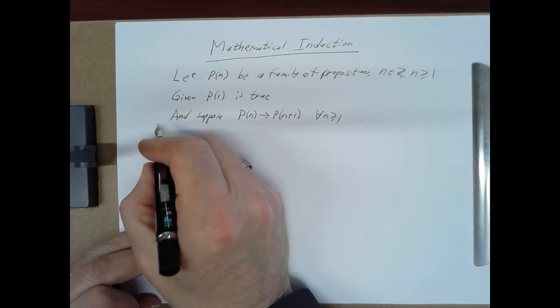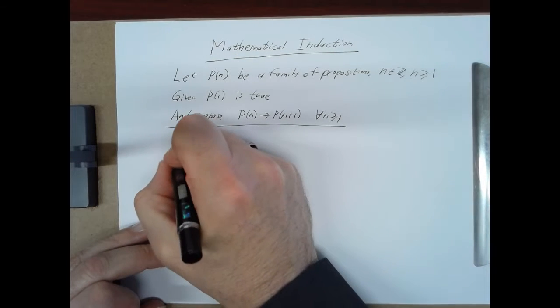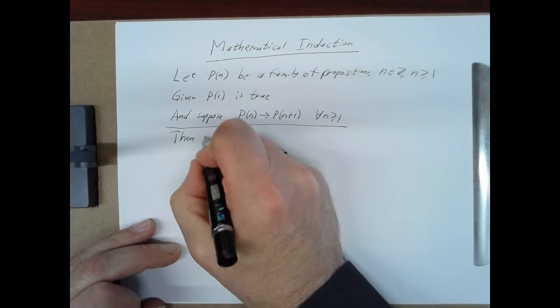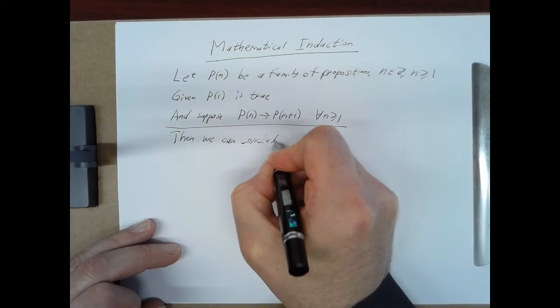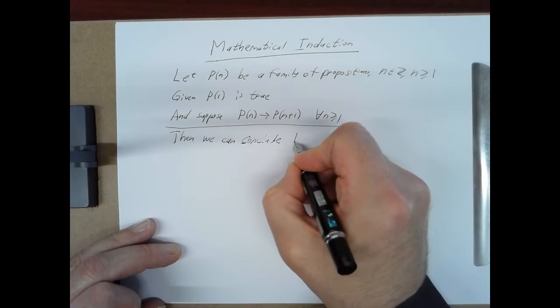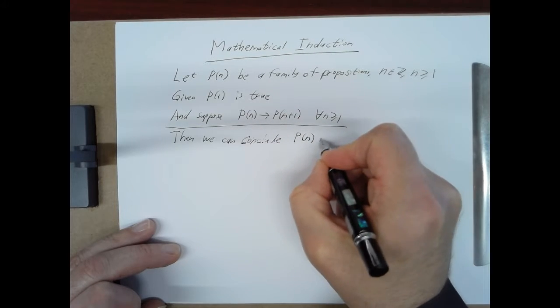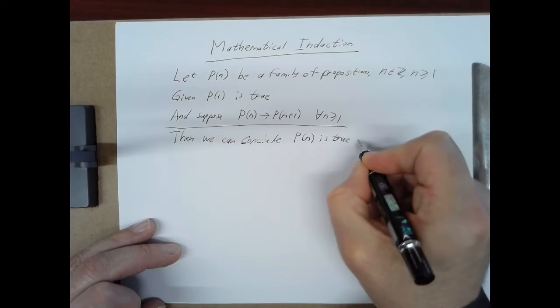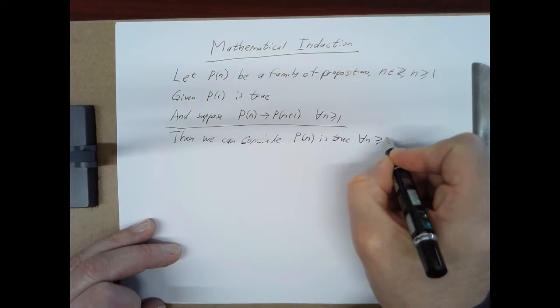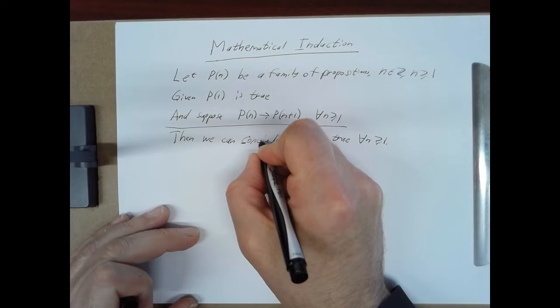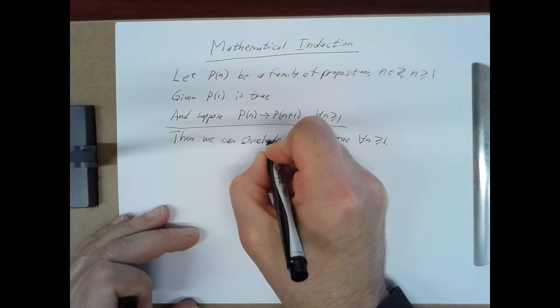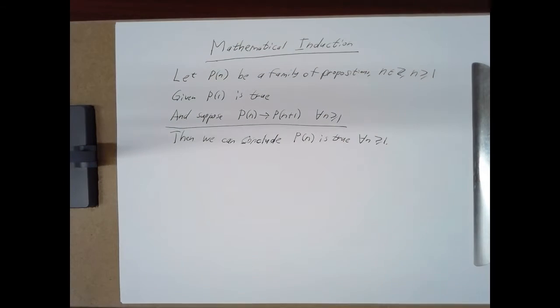Okay, if we know these two things together, then we can conclude P of n is true for all n bigger than or equal to 1. Okay, soak this in for a minute.